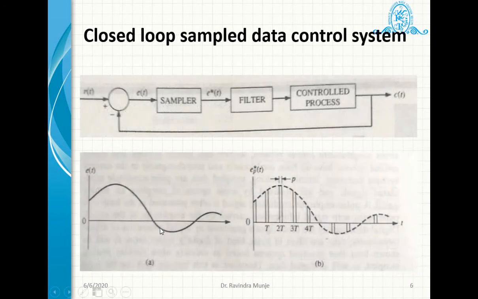So sampled data are pulse amplitude modulated signals and are obtained by sampling an analog signal. A pulse amplitude modulated signal is often represented in the form of a pulse train with signal information carried by the amplitude of the pulse.